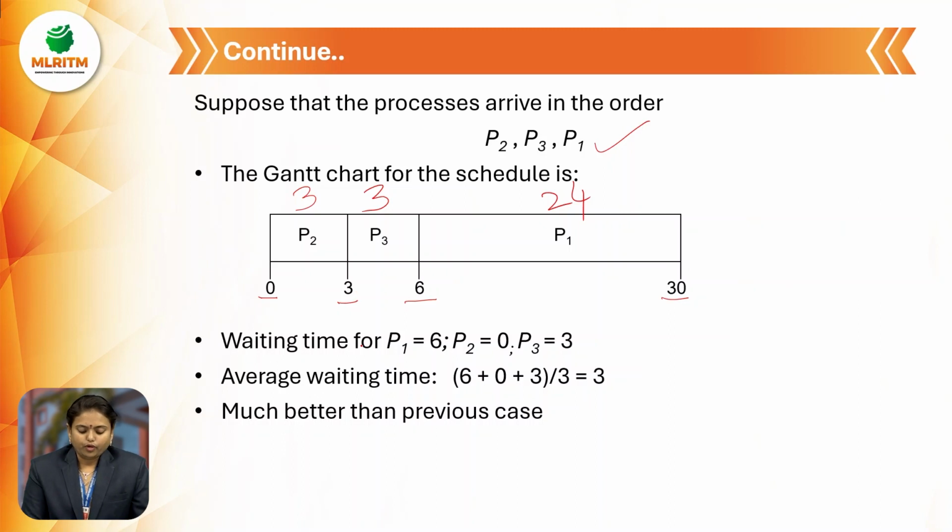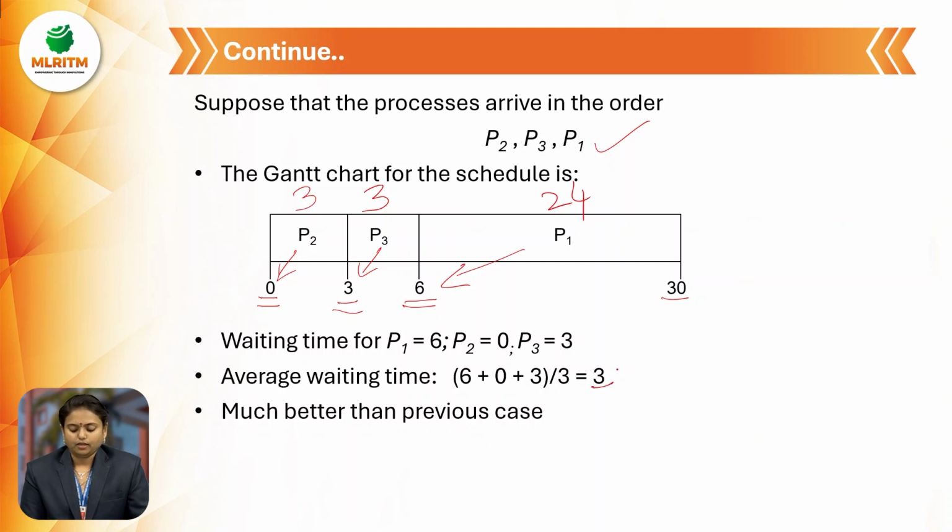So what are the waiting times? P1 waiting time is 6, P2 waiting time is 0, P3 waiting time is 3. Now, what is the average waiting time? P1 6 plus P2 0 plus P3 3, divided by 3.